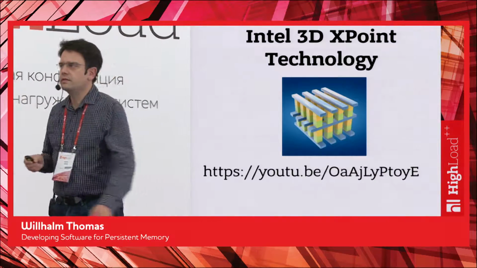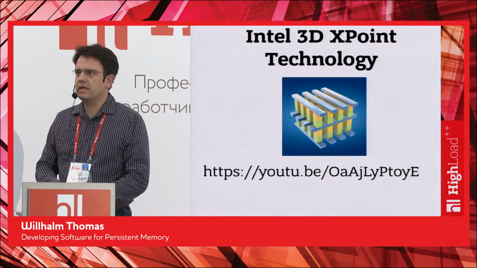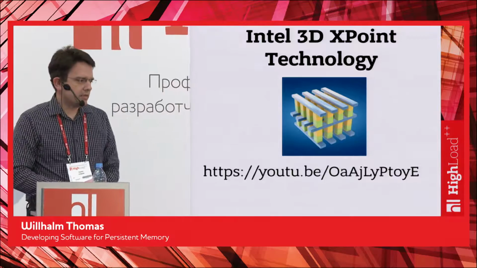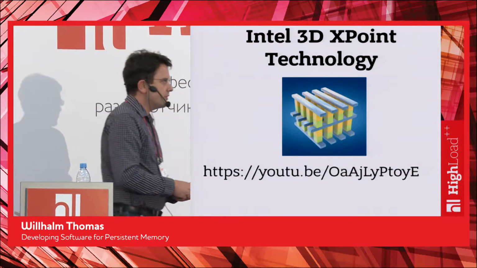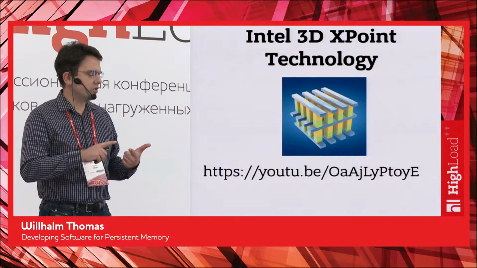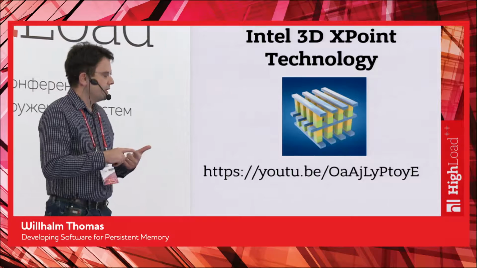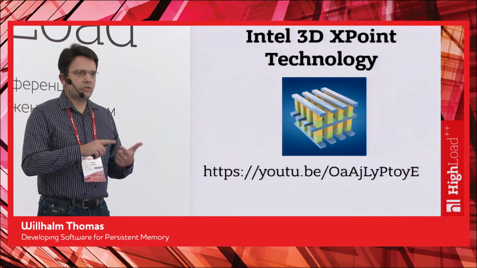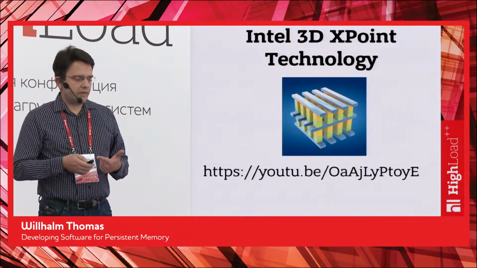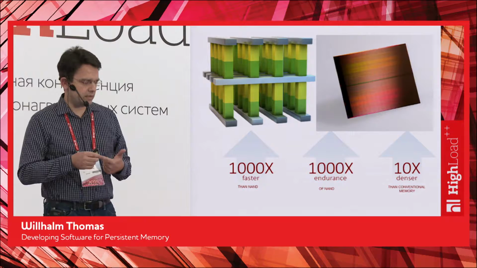Okay, so this is the new memory that Intel has announced some weeks ago. It's a completely new type of memory, so it's not DRAM, it's not flash, but it is non-volatile, and I'm not going to say what exactly it is. But what I will tell you are some of the characteristics.